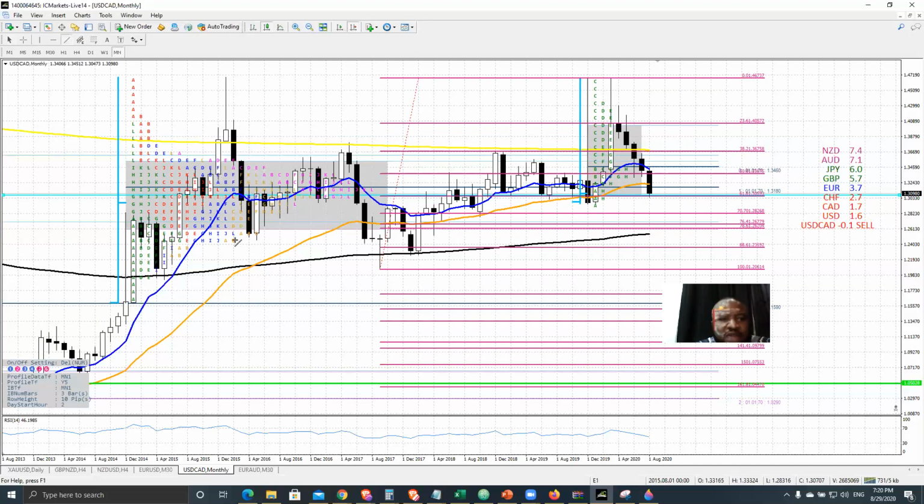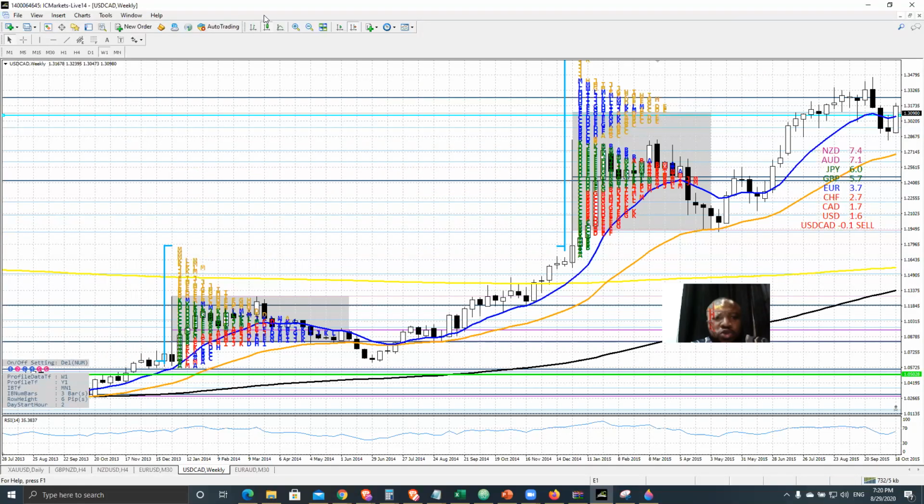Potentially, maybe we can see the price bouncing off in this area, especially, for example, even if we test the trend line, and then we've got 61.8 in that region. Maybe we can see potential reversal from that area. Bear in mind that this is a monthly chart. So that is what we want to look into and discuss.